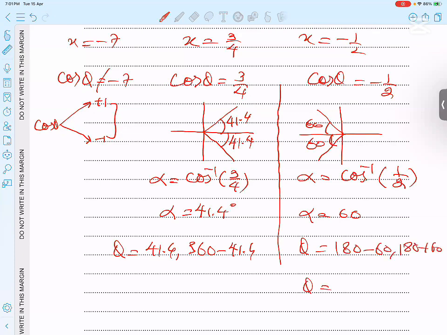So we got two answers, 120 and 240. Okay, and here if I subtract 360 minus 41.4, I'm getting 318.6.